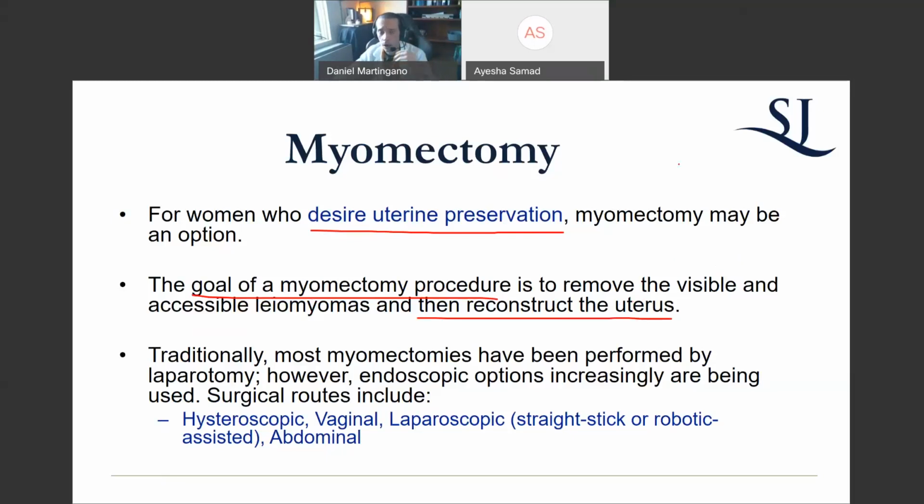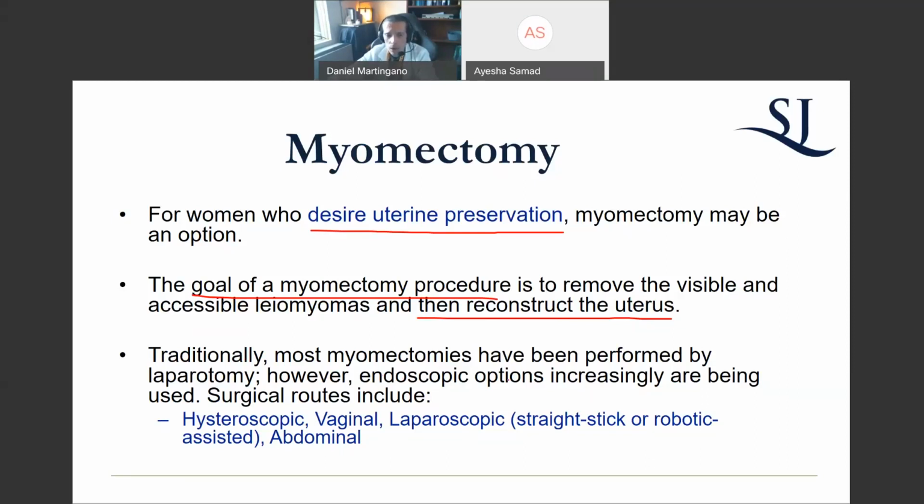Usually you have a number of fibroids that you could identify, remove, and repair the uterus. And then you have a uterus that is without fibroids, and that can have a lasting 5 or more years of relief. But keep in mind, they can grow back, as I mentioned.